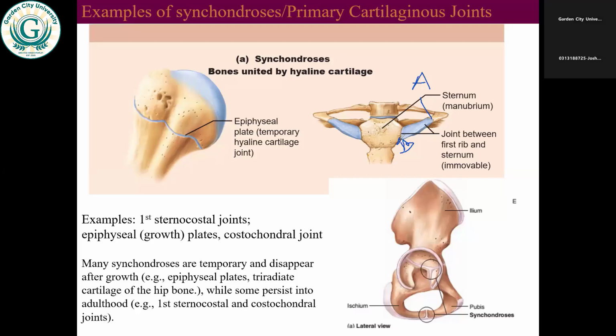Which one, A or B? The B. B is sternocostal? Manubriosternal? Sternocostal. The sternum plus the rib, sternocostal joints.